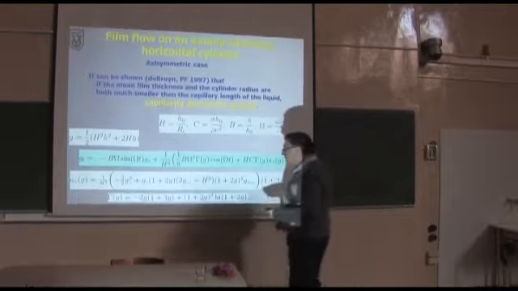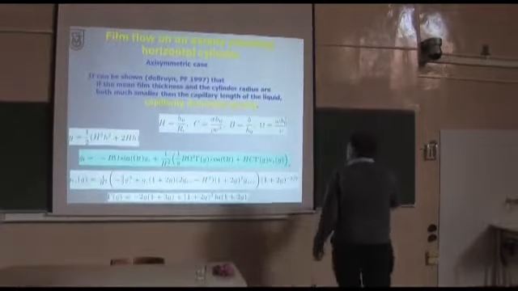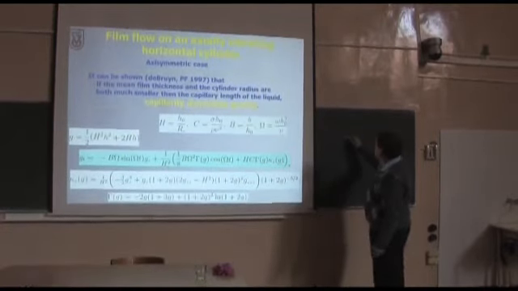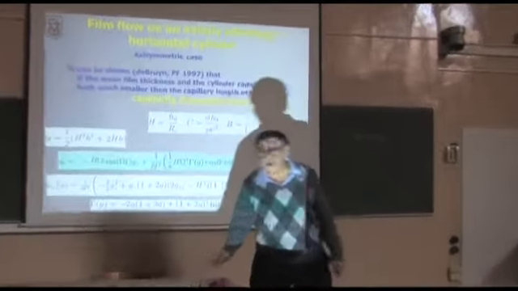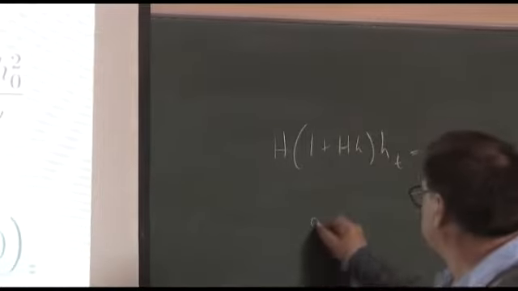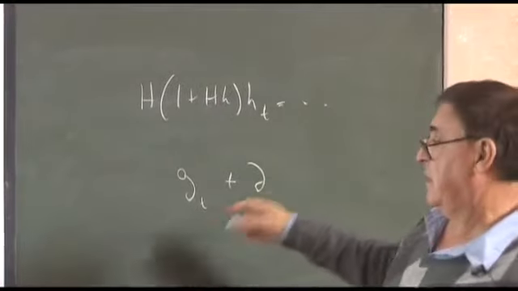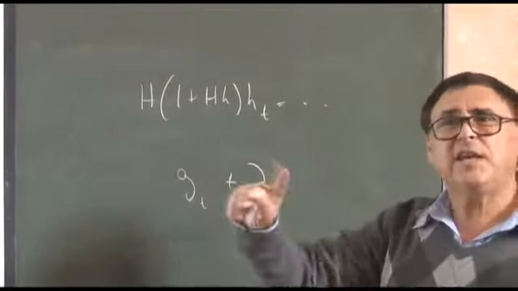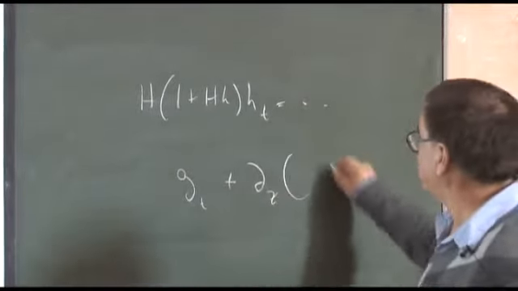And the reason to write the equation in a somewhat ugly form is the following. The equation for H was something like H1 plus HH, HT, equal to something. Now, for numerics, it's definitely a very big advantage if you recast your equation in the conservative form. So you want to write your equation in the form something like GT, it doesn't matter what G is, plus DZ of something equal to 0.